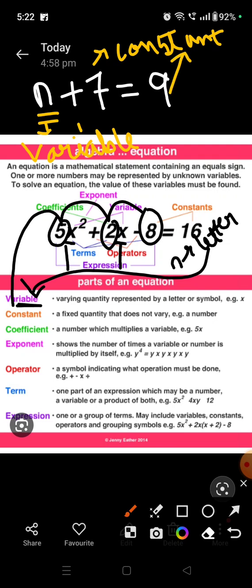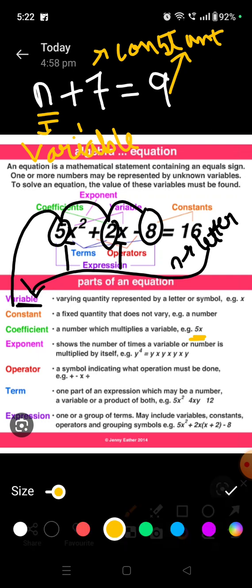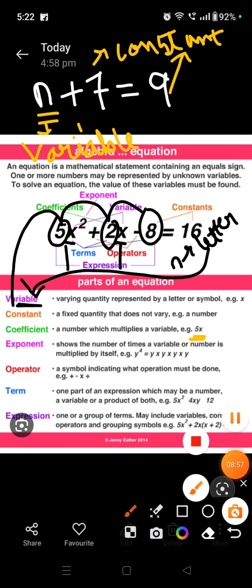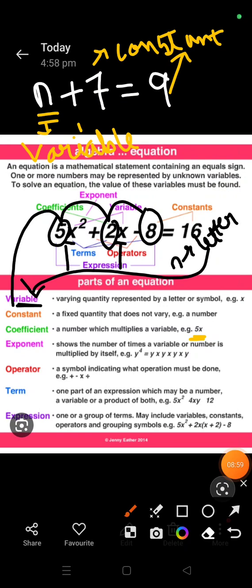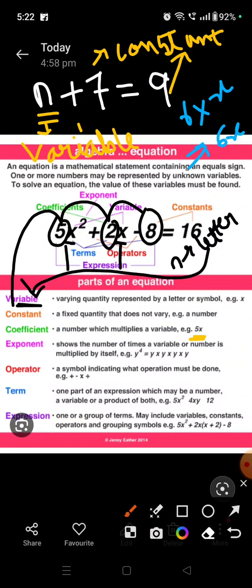Coefficient, the number which multiplies a variable. Example, 5x. So if I take one example, like 6 into x is equal to 6x, this is known as the coefficient.